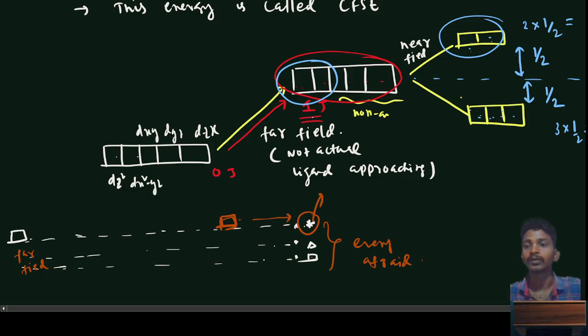But here there are 3, and 3 into half is going to be 1.5, something like that. So this value is getting high, so I will not distribute it half and half. I distribute it in such a way that in both cases I should get the same value.